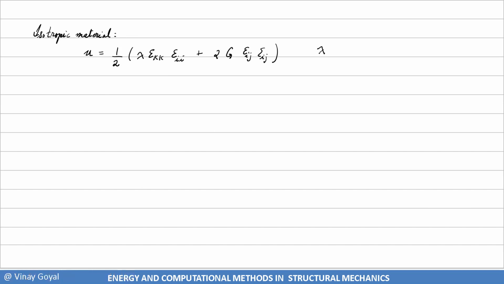And then we know what lambda is for an isotropic material. Okay, so that is the strain energy, and so the total strain energy is the integral of small u dV.